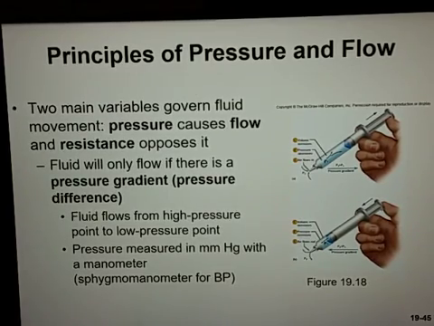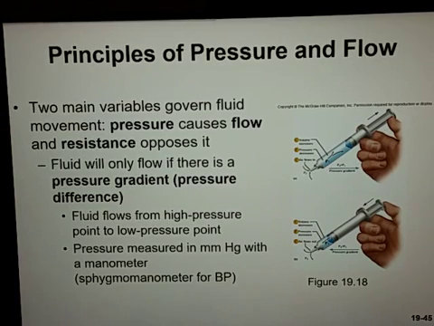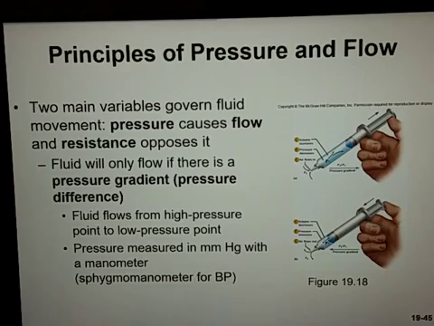When the heart is pumping hard and the pressure is high, that's going to create a problem on those arteries coming off of the heart, and the pressure can actually reach such a level that they might burst.